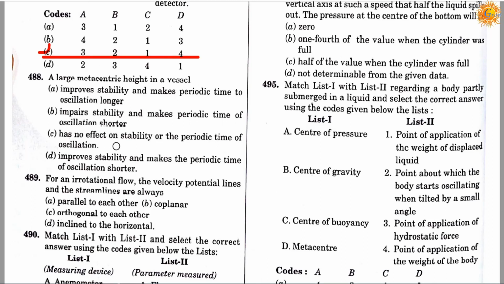Option C, has no effect on stability or the periodic time of oscillation, and option D, improves stability and makes the periodic time of oscillation shorter. So the correct answer is D. It will improve the stability and make the periodic time of oscillation shorter.